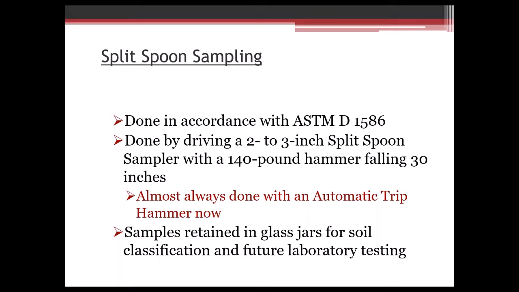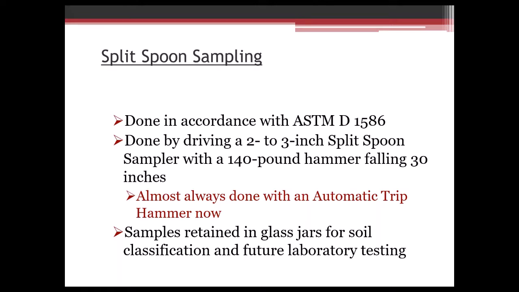So there was definitely variability and or loss of energy because of the cat head, where the automatic hammers are much more efficient. We do a test on the automatic hammers to determine the energy transfer, and we're generally 85 to 90% energy transfer. With the cat head and rope method, it's closer to about 60 or 65%.